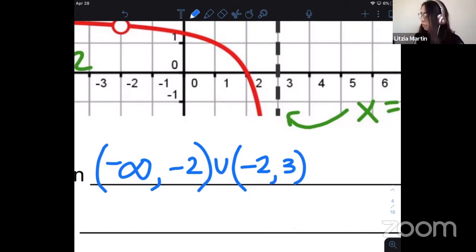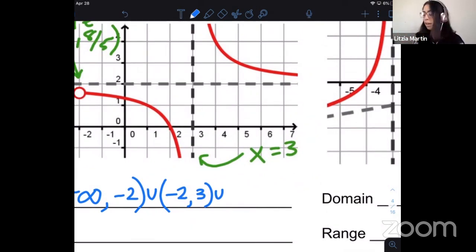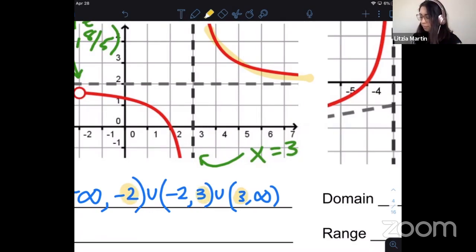So we cut it off, we union it, and we keep going. The next piece that is continuous is going to go from +3 to infinity. So that completes our full domain from negative infinity to infinity, but there are going to be 2 spots where the graph breaks. And those 2 spots are at -2 and at 3. Okay.